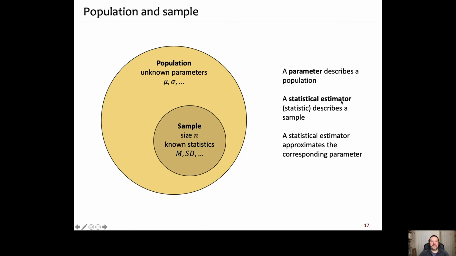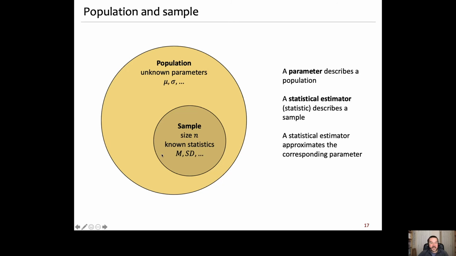Now, a statistical estimator describes a sample. So if we have a sample of size n from this population, we can then calculate various things. We can calculate m, the mean. We can calculate the standard deviation, SD. So I'm using different notation for the sample and different notation for the population.